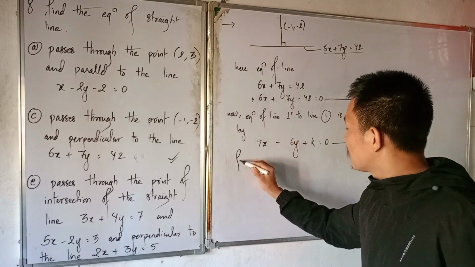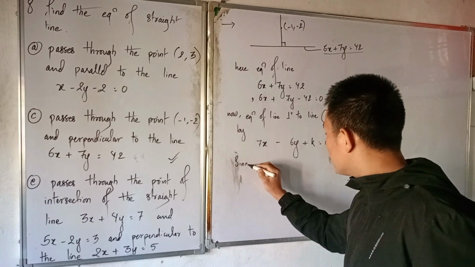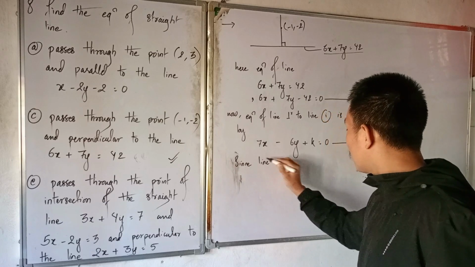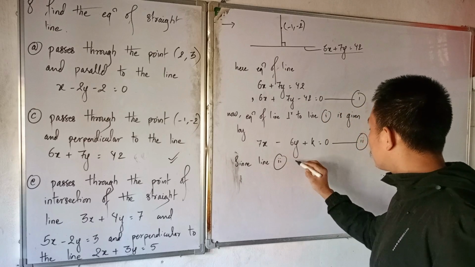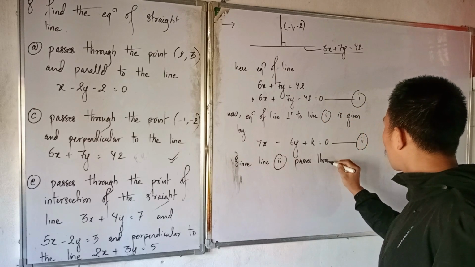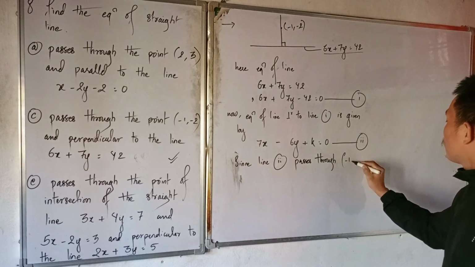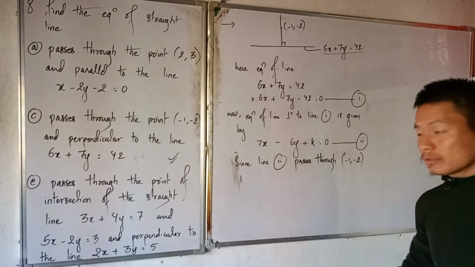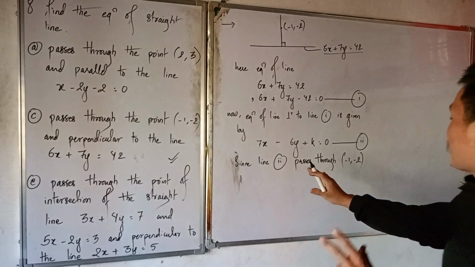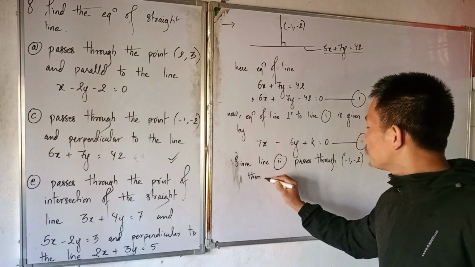Since line I passes through -1, -2, you can just substitute the values.